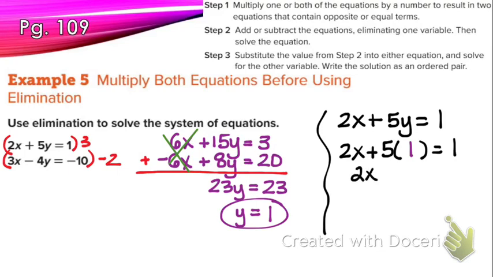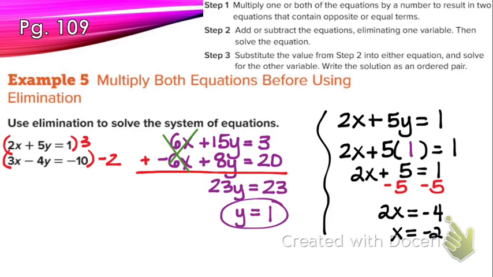So 2x plus 5 equals 1. Subtract 5 from both sides. 2x equals -4. Divide by 2. And you should get x equals -2.